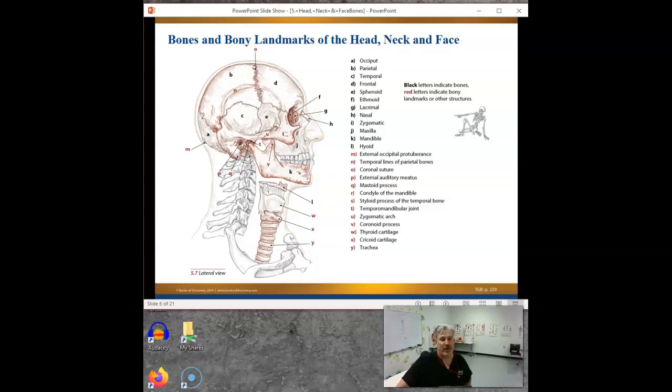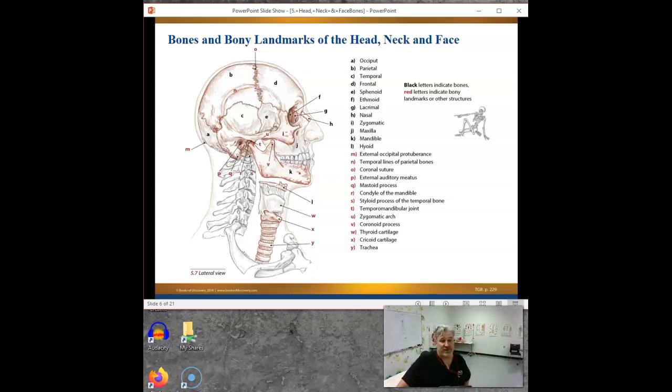So this has bones on it. All the stuff in black is bones. This is in your book. But all the stuff in red are actually bony landmarks. If you look at the temporal bone alone, it has a tremendous amount of bony landmarks, important stuff on it. The temporal bone alone has your external auditory meatus, which is your ear hole.